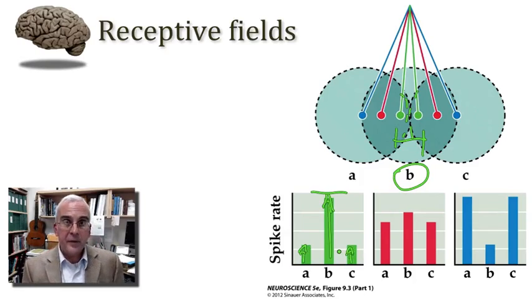So for the set of primary afferents coming from this patch of skin, it looks like only one neuron was activated, and we might imagine that we would interpret that as one point of contact, when in fact there were 2 points of contact.